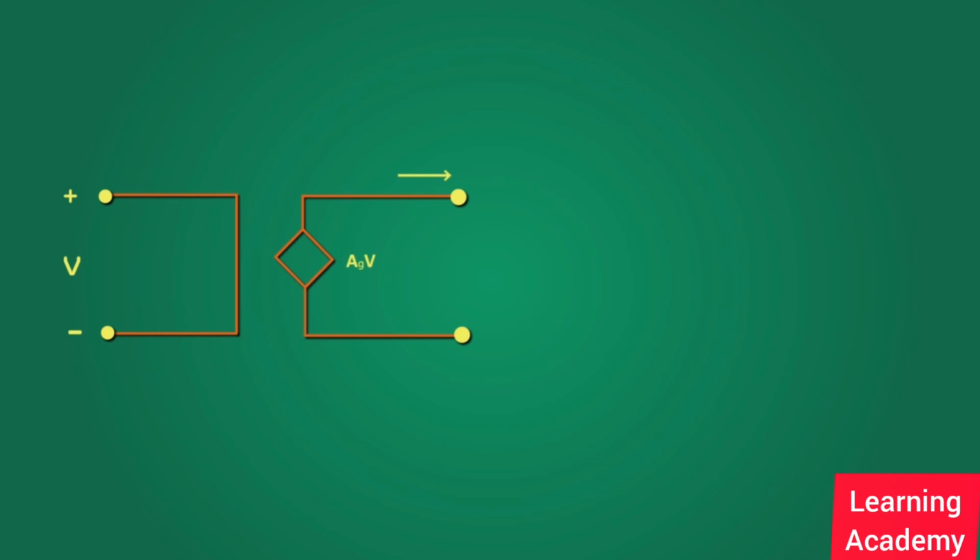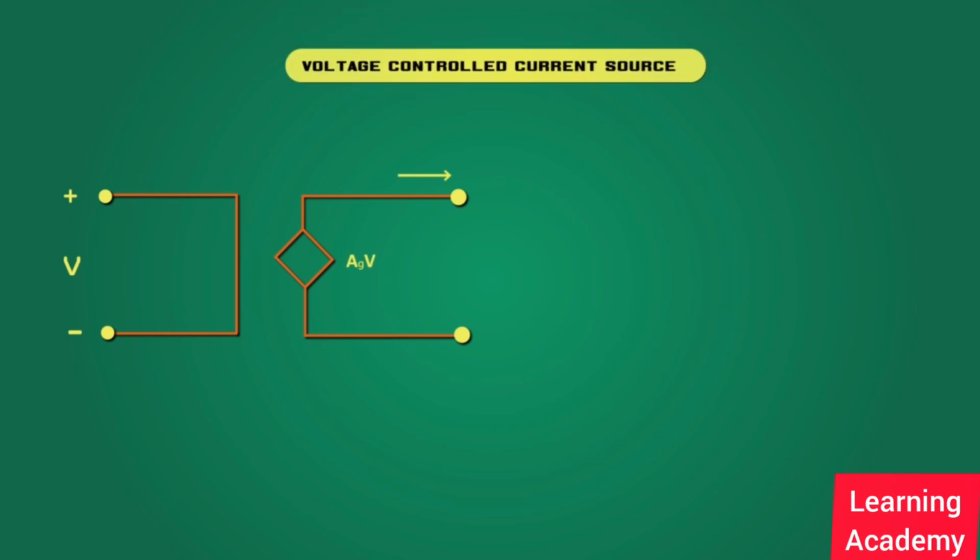Let's see voltage-controlled current source, VCCS. This is a current source whose output current is controlled by the input voltage. That is, the output current is directly proportional to the input voltage. We can also write it as, here, Gm is a proportionality constant.